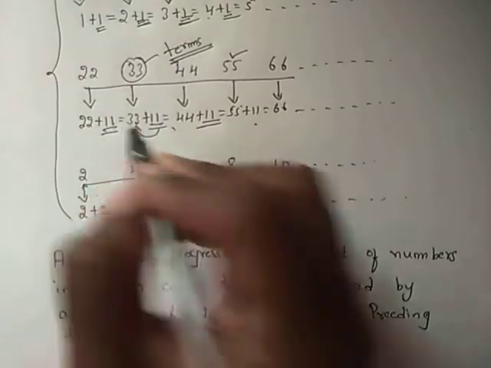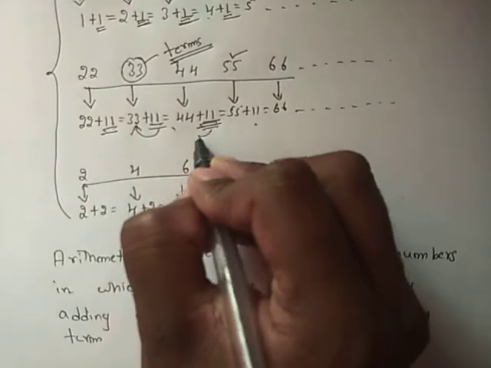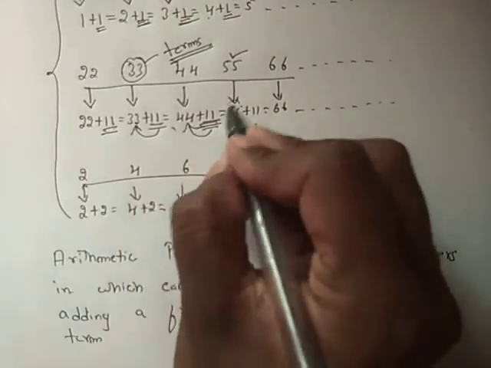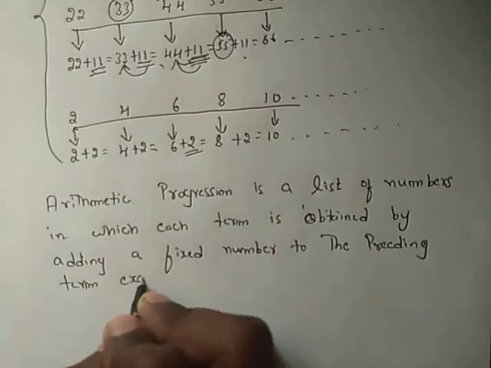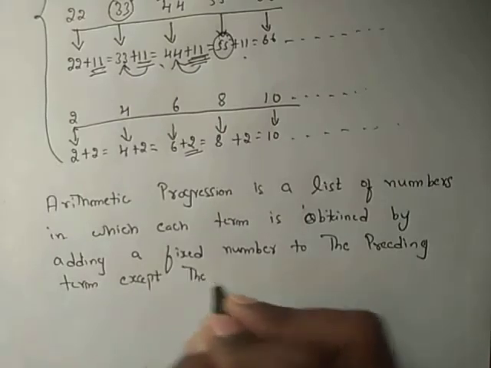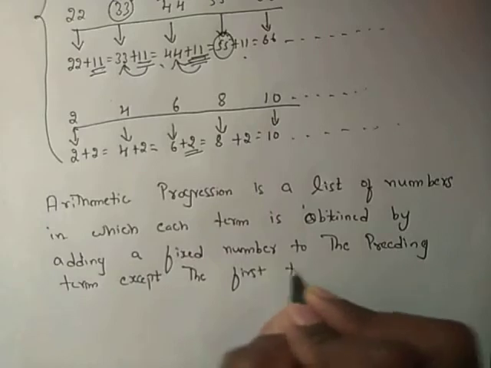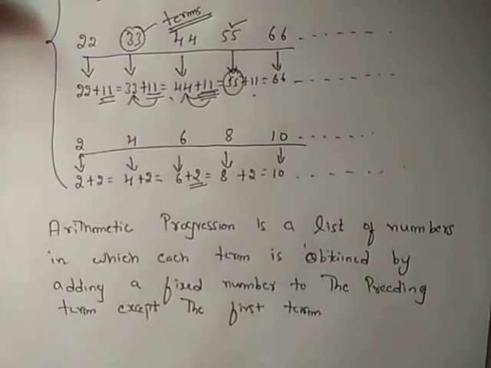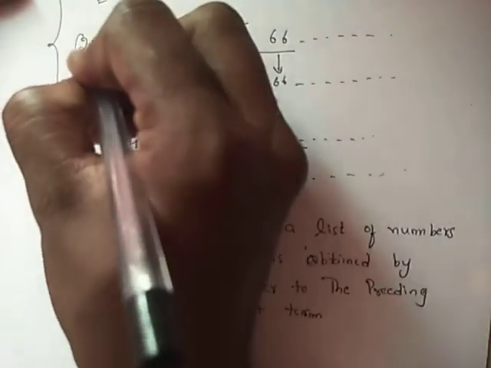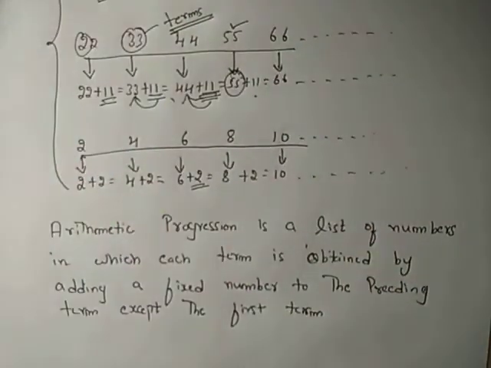Preceding term means the previous term. This is a fixed number, and adding it to the previous term, we obtain the next term, except the first term. In this example, if you observe, for the first term we are not adding to any preceding term.